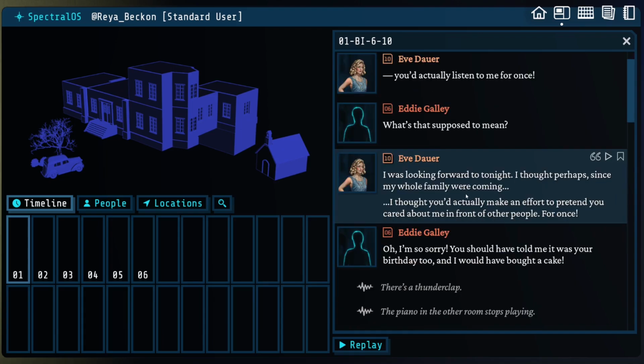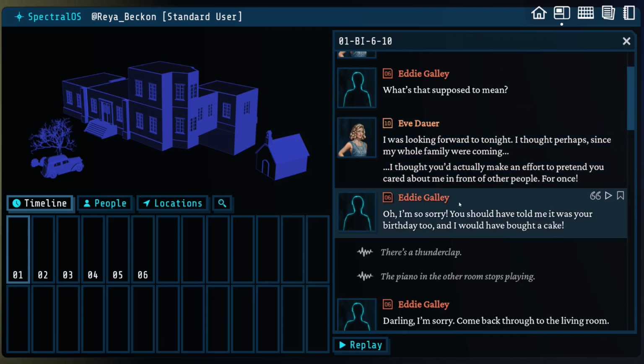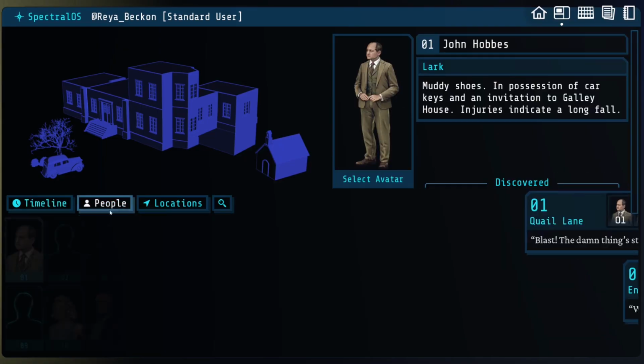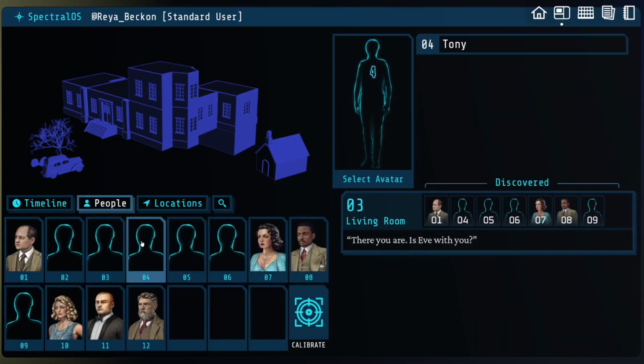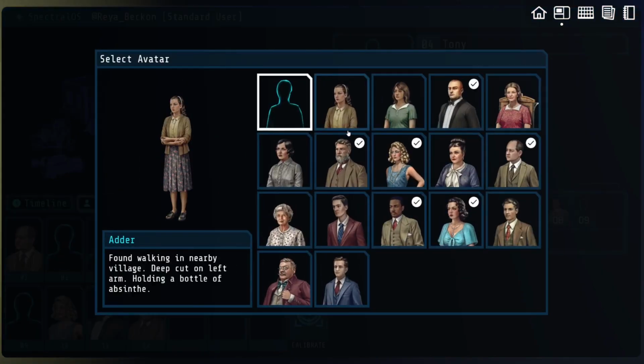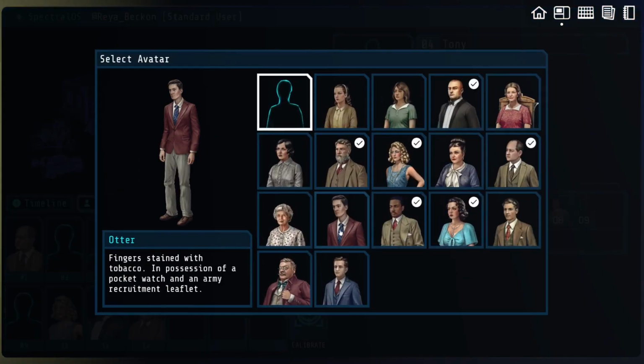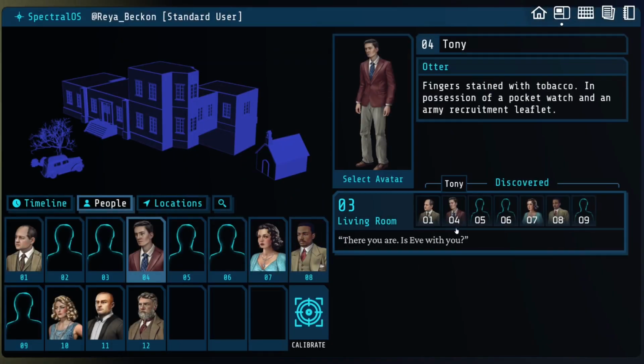Okay. So we know that Tony looks like this guy. Fingers stained with tobacco, in possession of a pocket watch and an army recruitment leaflet. Yes, you are Tony. And you are Dower.